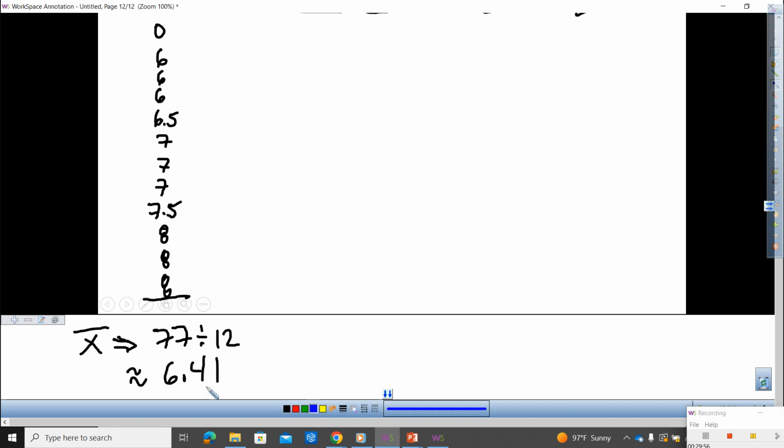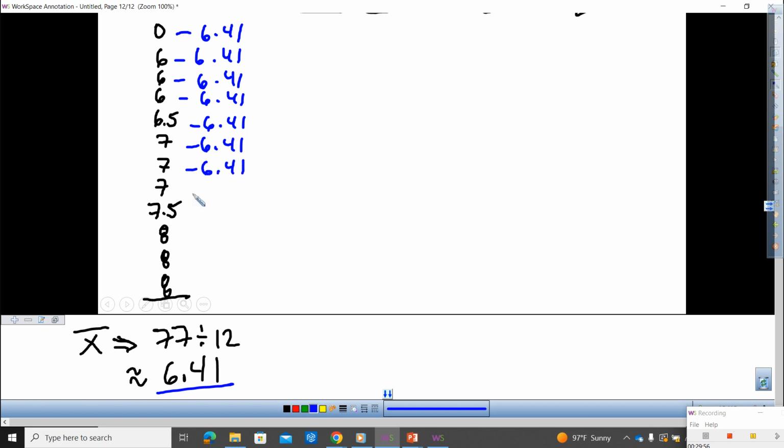All right, so we're going to take this mean and subtract it from each of these numbers. Minus 6.41, minus 6.41, and so on for each number.